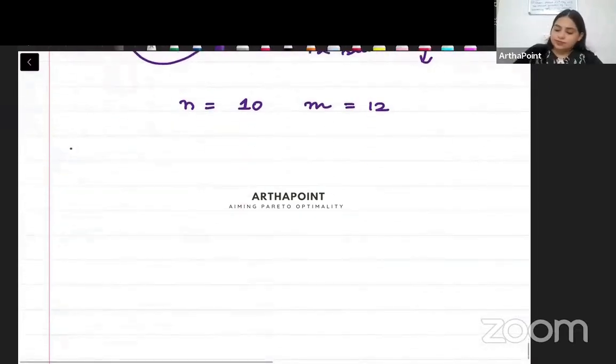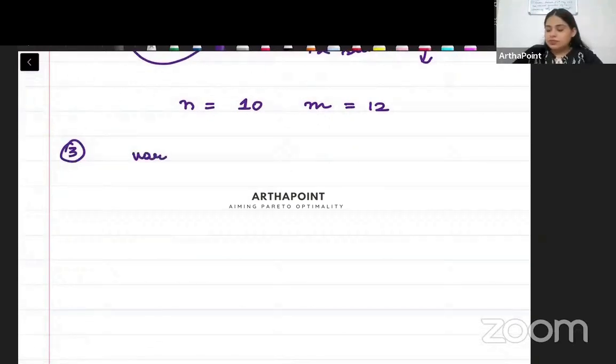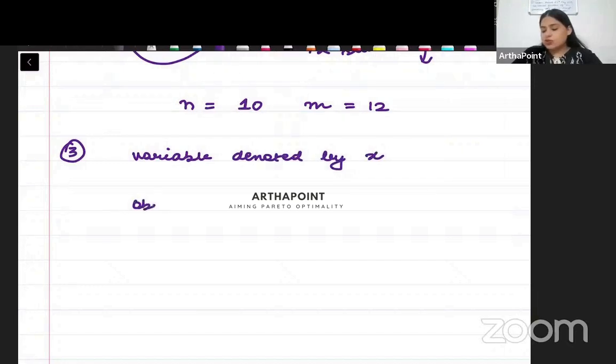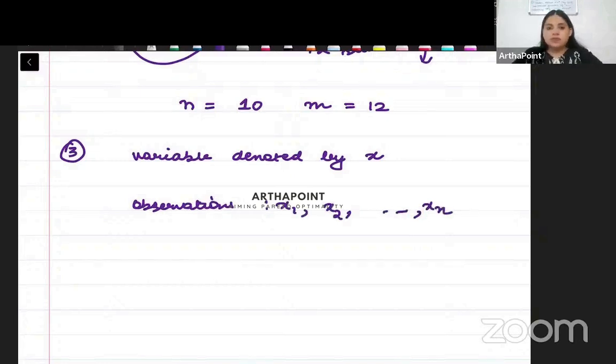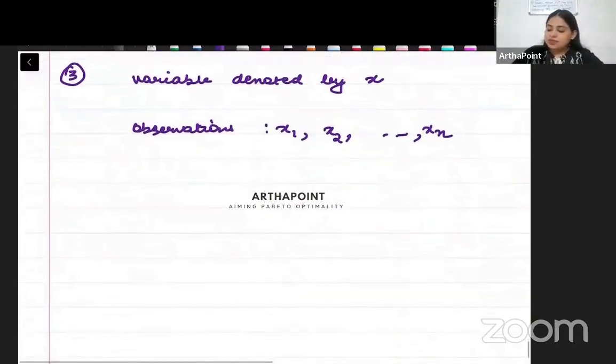Third, denote a variable by x, right? And the observations by x1, x2, and so on till xn. Okay. So I can say, suppose x is age of these students.